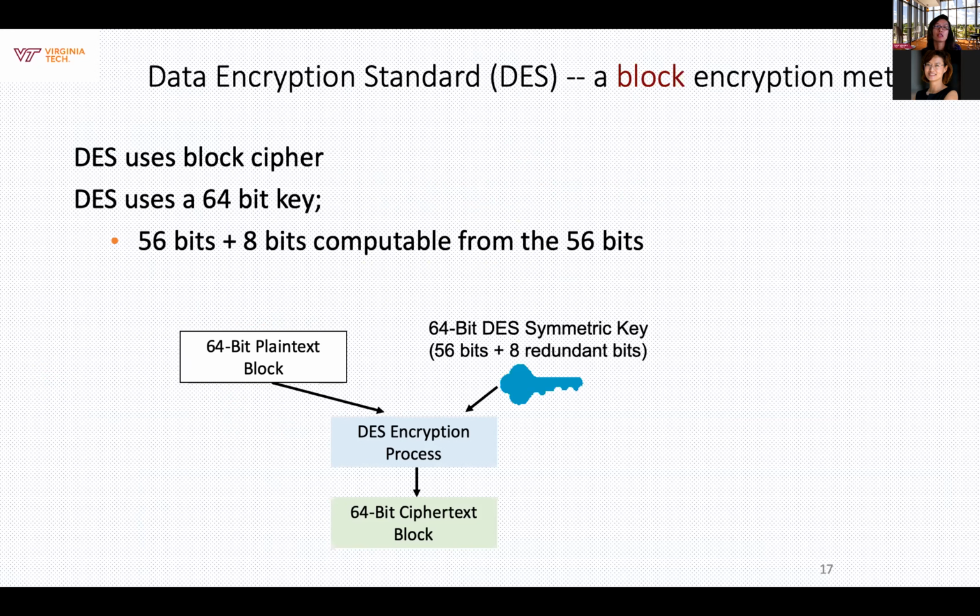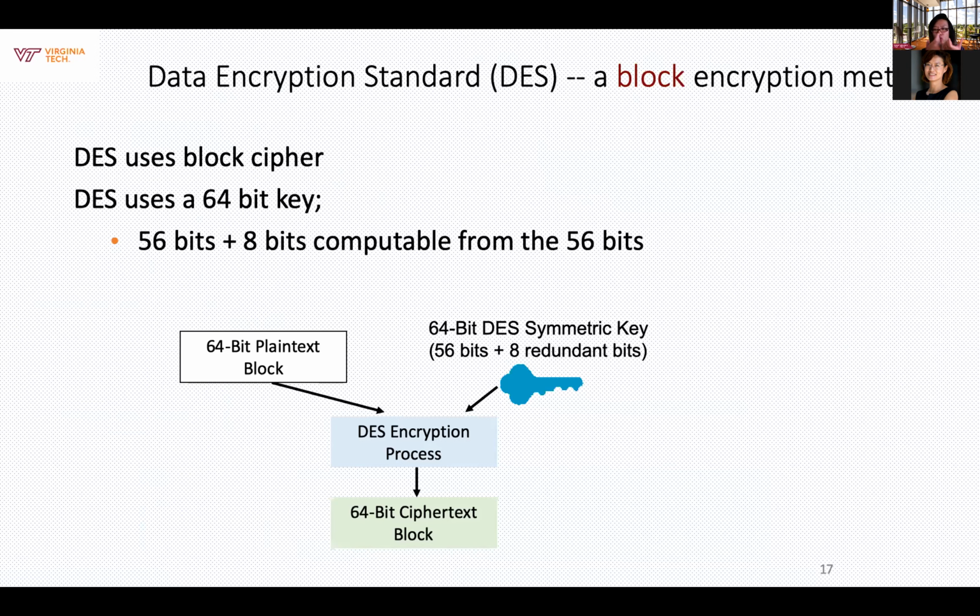And cipher is just an old-fashioned way of saying encryption algorithm. DES has short keys, 64-bit keys, and only 56 bits are actually key bits, and 8 bits are computed from those 56.